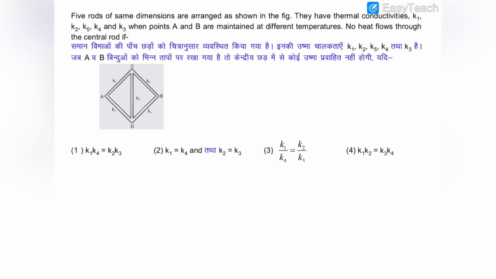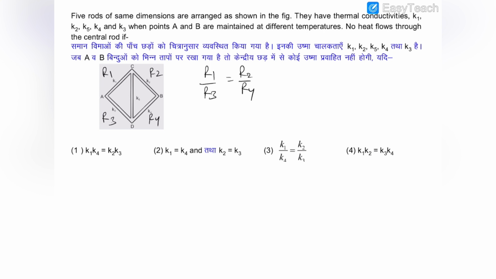So this is a Wheatstone bridge, and if there is no heat current flowing through this rod, then we can say that this Wheatstone bridge is in balanced condition. So let us name this resistance as R1, this as R3, this as R2 and this is R4. So R1 by R3 is equal to R2 by R4.